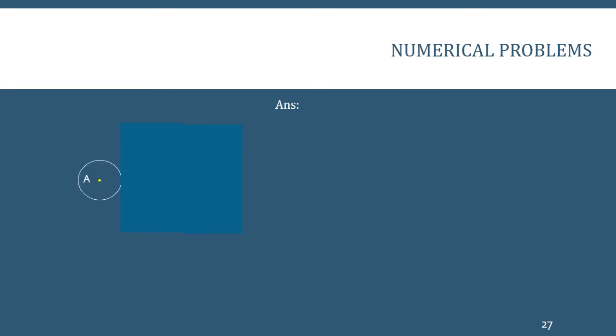So we know that it's connected to a pipeline, and they have said in the first sentence that the right limb of the simple U-tube manometer containing mercury is open to the atmosphere, while the left limb is connected to a pipe. So we have drawn this much. Now, it is also given that the specific gravity is 0.9, so the fluid in the pipe A has a density of 900 kilogram per meter cube.